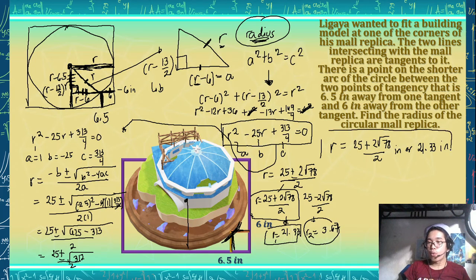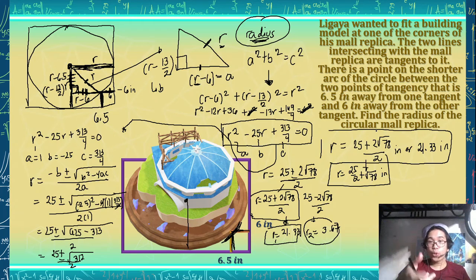And you can even further simplify this. This could be 25 all over 2 plus square root of 78 inches. Okay, and that's how we solved it for this problem, guys, for our second tangent problem.